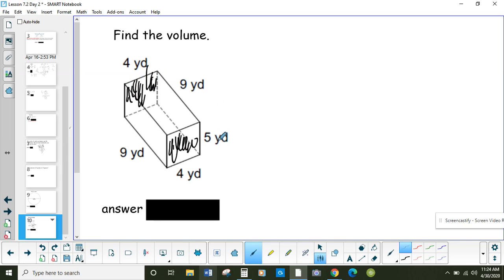For a prism, the base has to be parallel and congruent. And so with a rectangular prism like this or a box, you can change up which one you call the base. But whichever ones you decide are the bases, like let's say these ones shaded in are the bases, remember the height would be the perpendicular distance between the two bases. If you do that, you're going to get the same answer no matter how you do this.